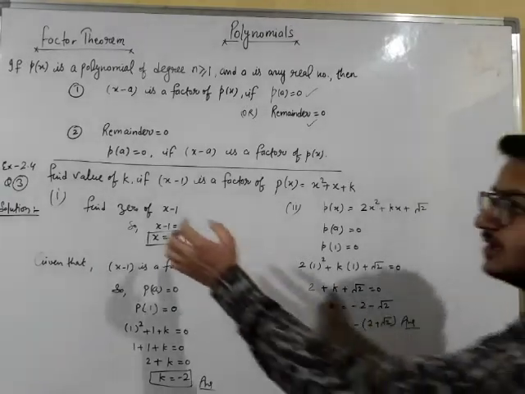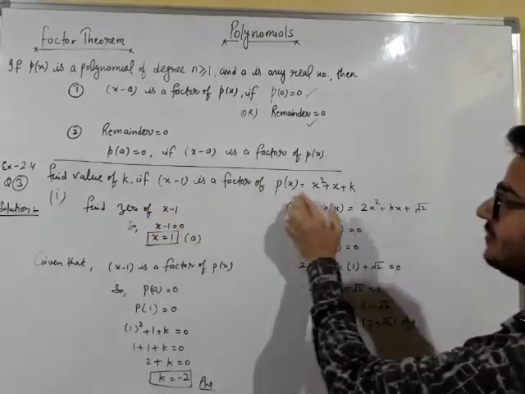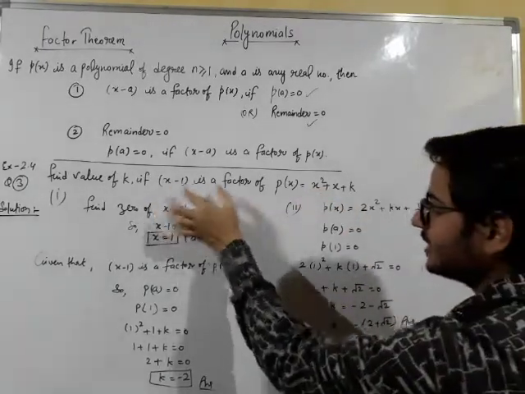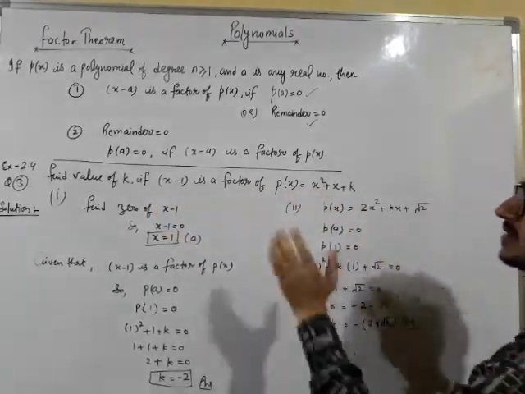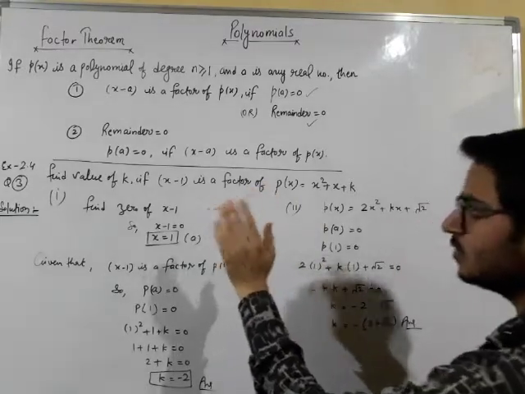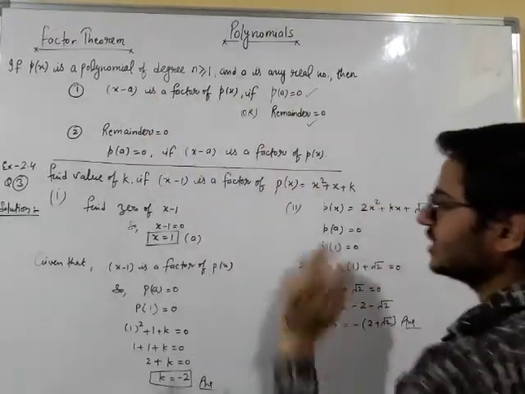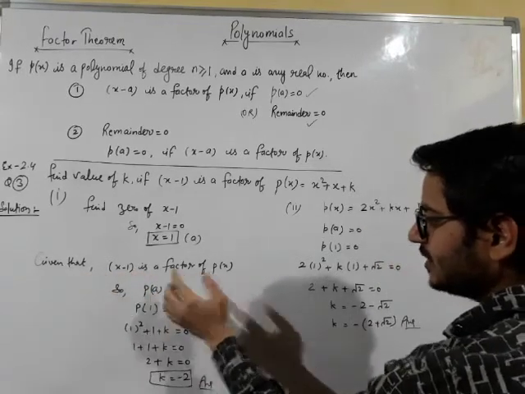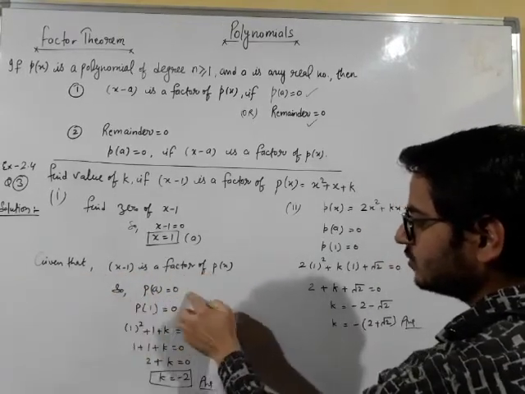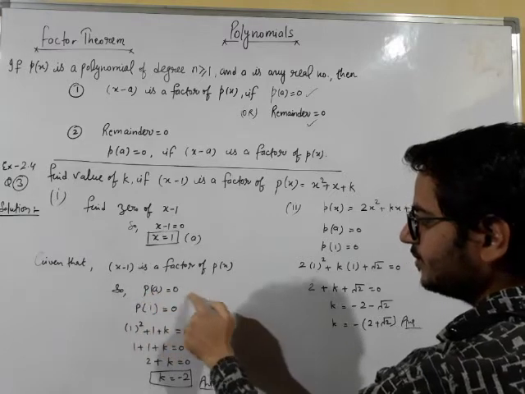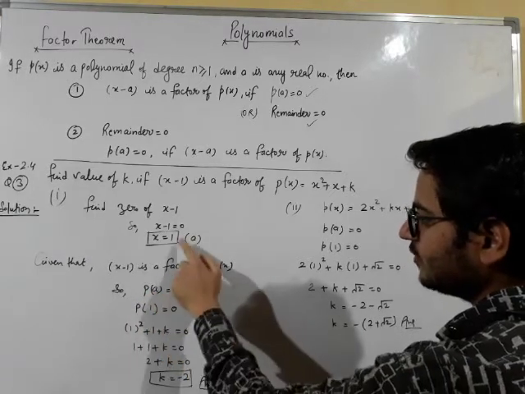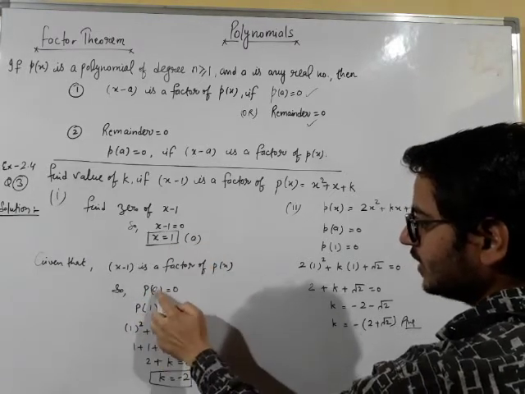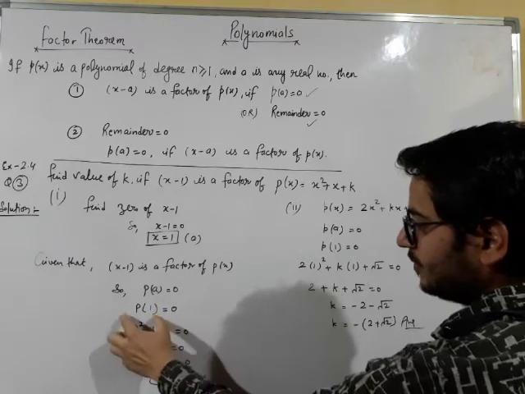Now, given that x minus 1 is a factor of p(x), the remainder will be equal to 0 by the factor theorem. Therefore p(a) will be equal to 0. p(a) is the remainder. The value of a is 1, so we put a equal to 1 here: p(1).